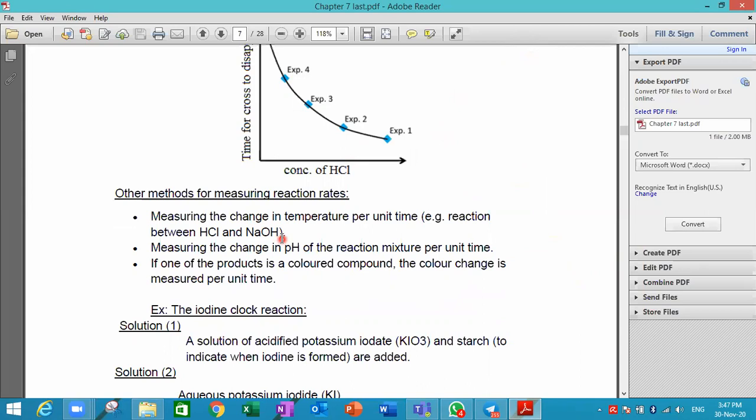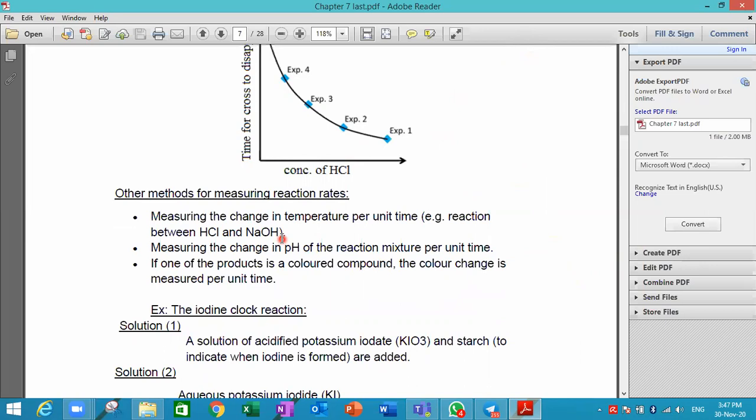Of course, when we add any acid to any base, especially if they are strong, this is an exothermic reaction. Exothermic means that its temperature will rise per unit time until it reaches a maximum, after which it will start to decrease once more. So by measuring what happens to the temperature with time, we are measuring the rate of such a reaction.